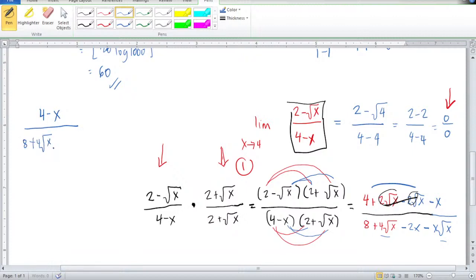Class, kindly correct me if I made a mistake in the multiplication. Let's double check. 2 times 2 is 4, the 2x terms cancel out, so negative x. In the denominator, 4 times 2 is 8, we have 4 square root of x, negative 2x, and negative x square root of x. Again, kindly correct me if there's something wrong with my equation.